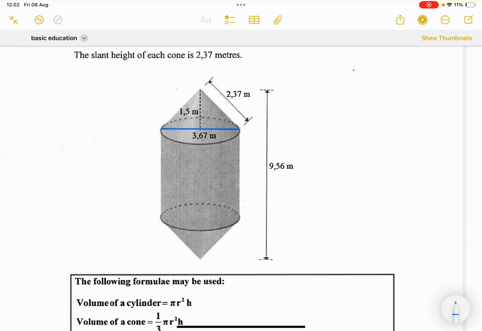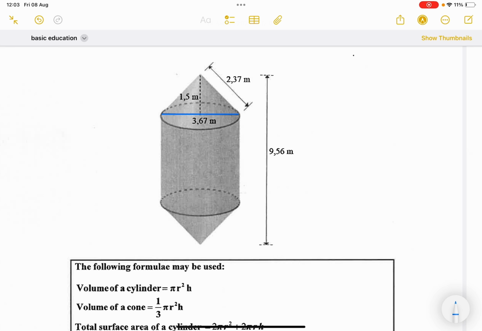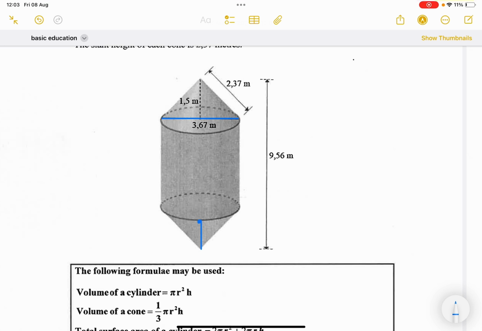Right, so notice in this case for each of those cones, we know that we've got a height of 1.5 each. So I'm going to simply say, well, the total height is 9.56 minus 2 times 1.5, which is the height of each cone.